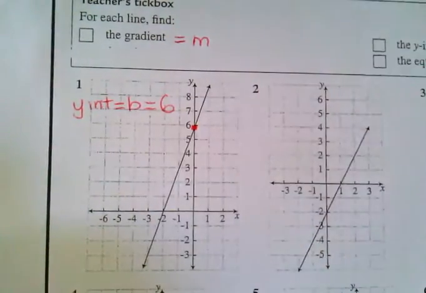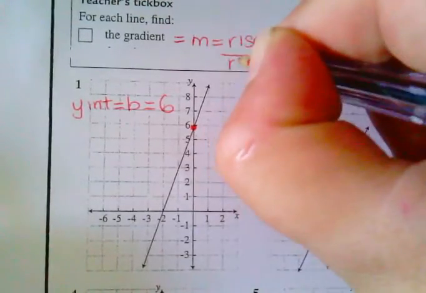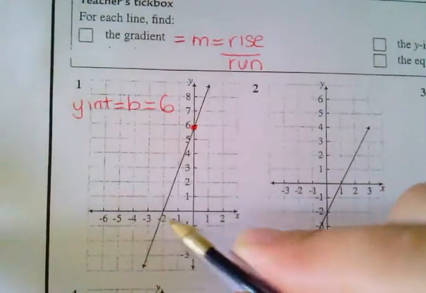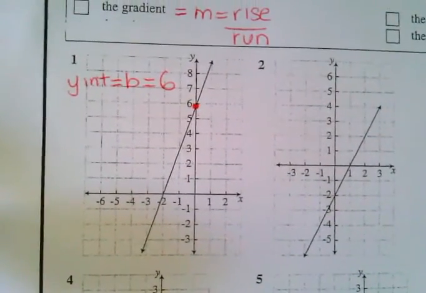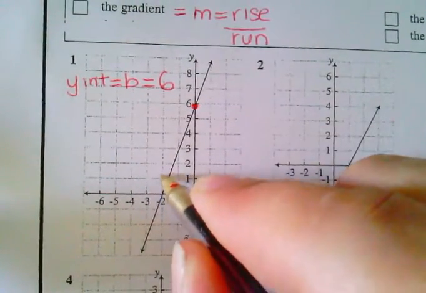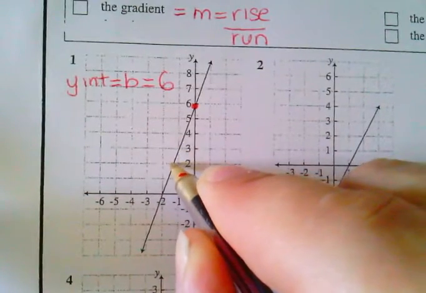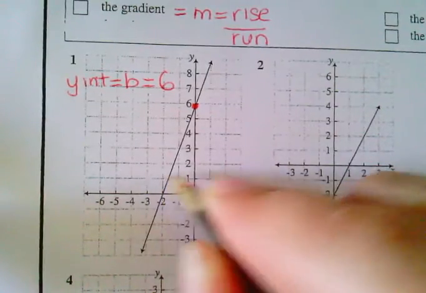And the gradient, now the way we find gradient is rise over run. So to find the rise over run, we look at any 2 points that we can see clearly on the line. The way we know that we can see a point clearly is you'll see the intersection of the grid lines. Okay, so here, there's no intersection of grid lines. Here, there's no intersection of grid lines.